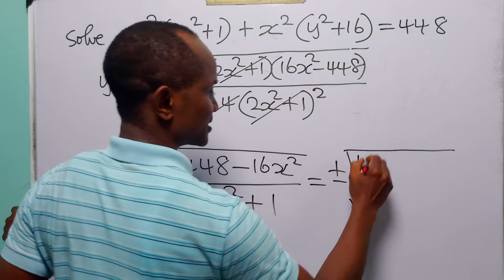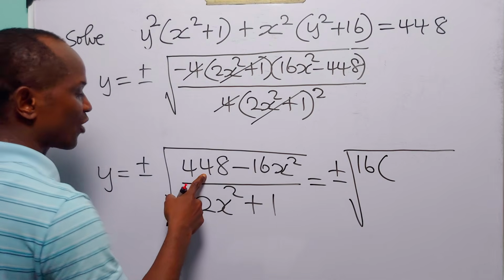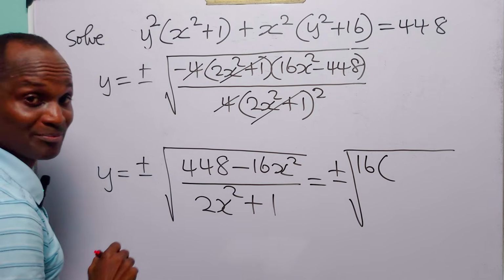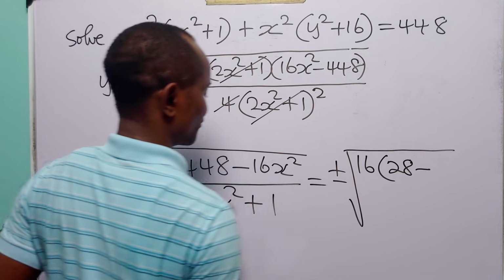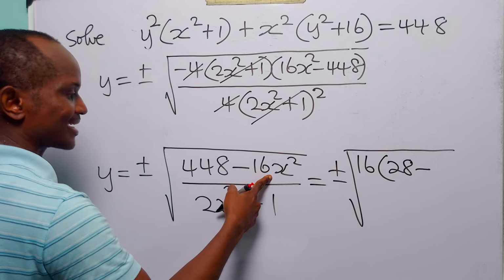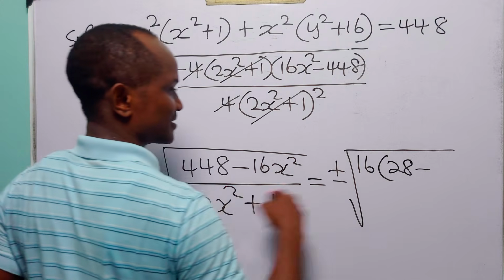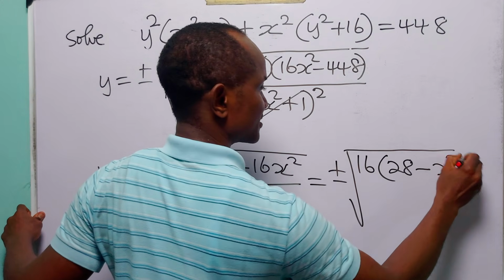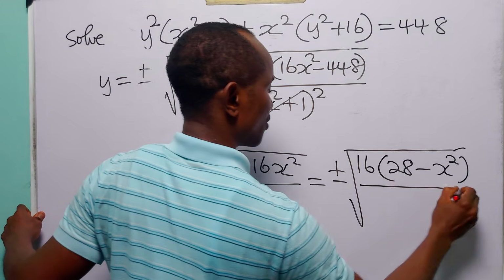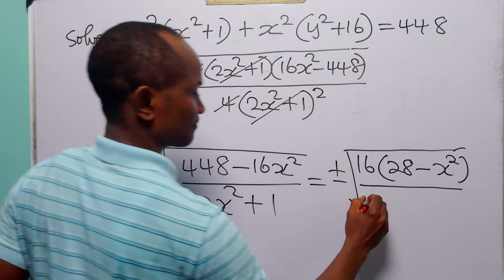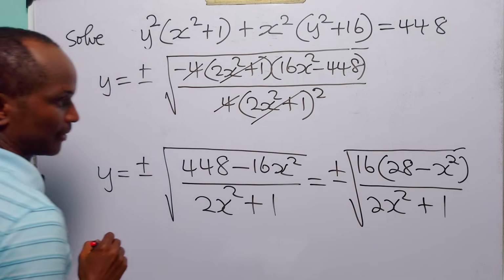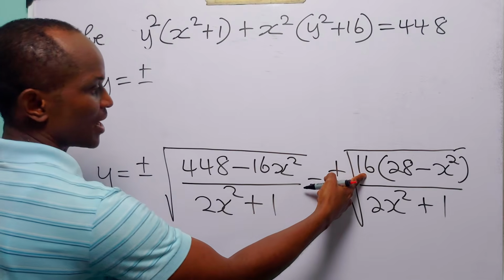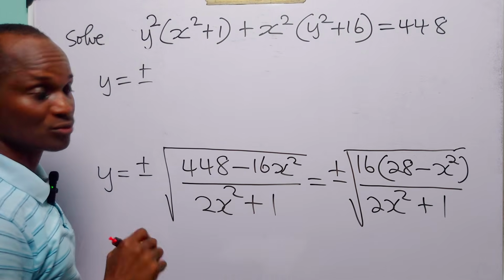So we have 16 into 448 divided by 16 is 28. And of course, minus 16x squared divided by 16 is x squared, over 2x squared plus 1. Now, the square root of 16 is equal to 4.